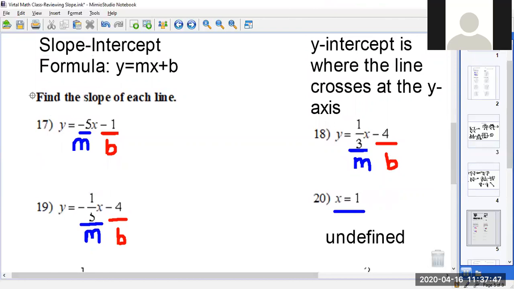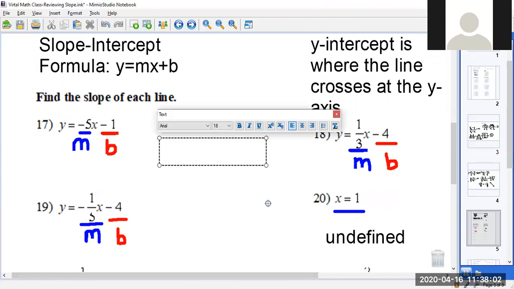Actually, let me type it in. All right, if you see something like y is equal to, I'll say, -9 or -8, this has a slope of 0.